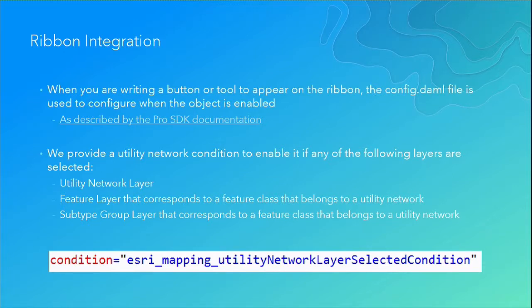And this will make your button become highlighted when the user has clicked on a utility network layer, a feature layer that corresponds to a layer that's in a utility network, and a subtype group layer, again, that corresponds to a feature class that is part of a utility network. Probably an easier way of saying this is that this works like the product.